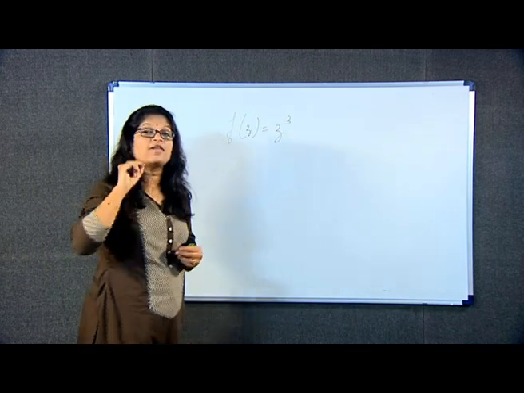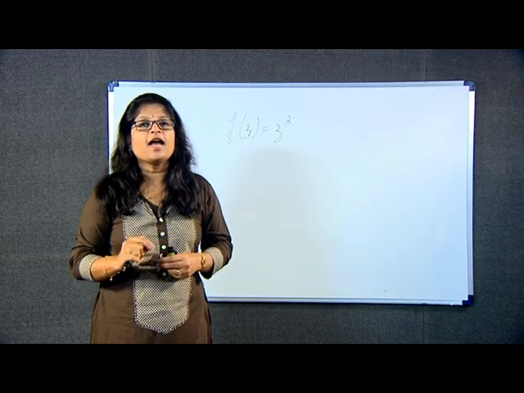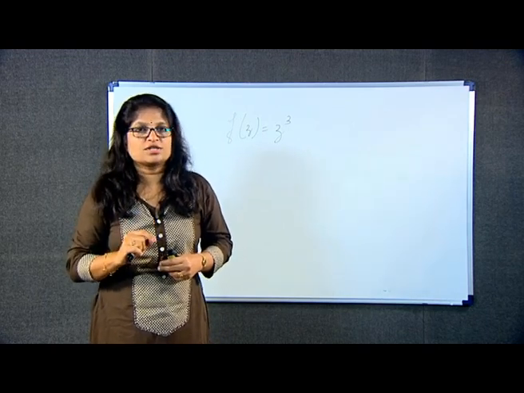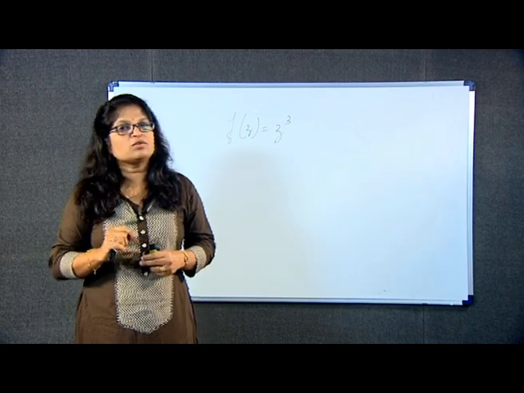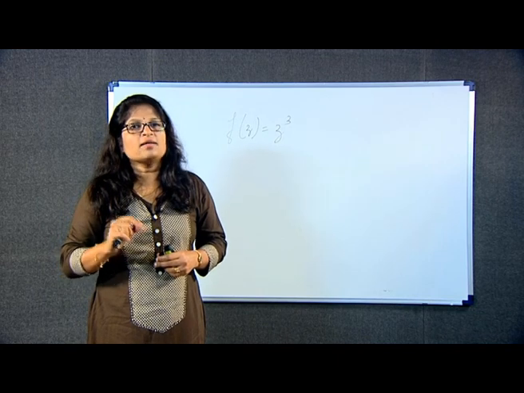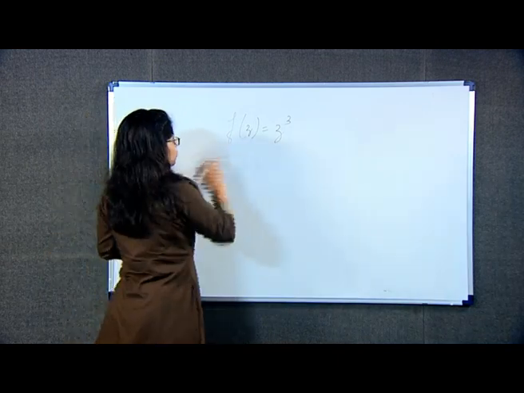So, I am giving you a function f(z) equal to z cube and I am asking you to verify that the family of curves u equal to a constant c1 and v equal to a constant c2 are orthogonal, where c1 and c2 are any constants.